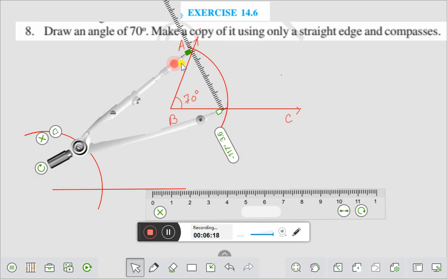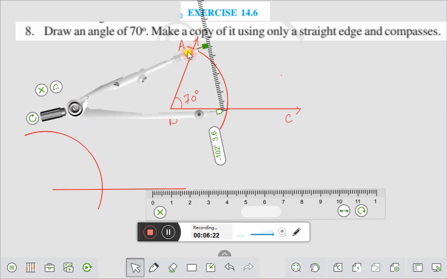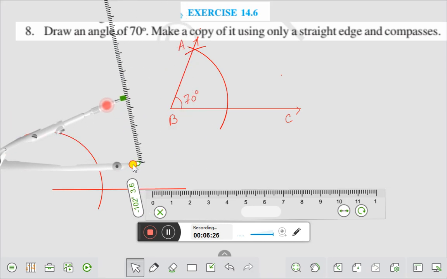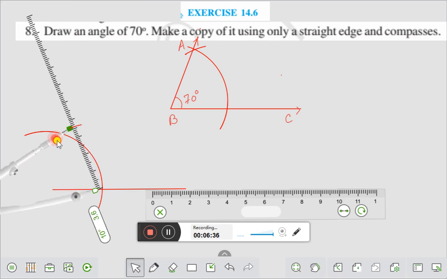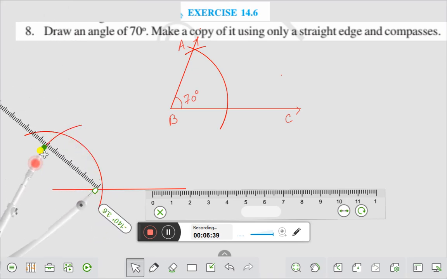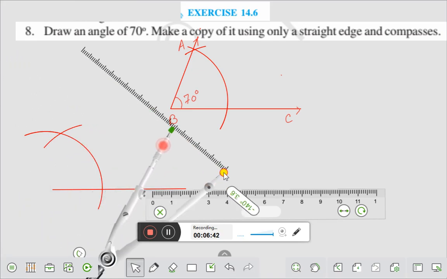Right? Now cut this arc. Right? Now take this pointer at this point and make an arc here. Right? This is exactly same as that of 70 degree.